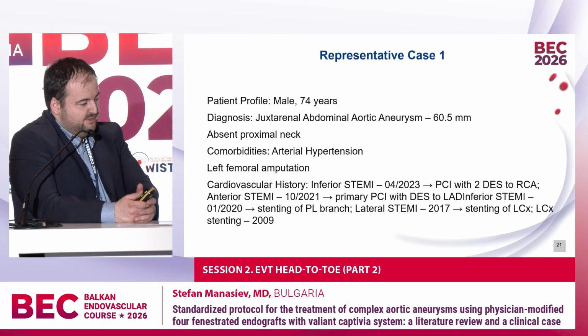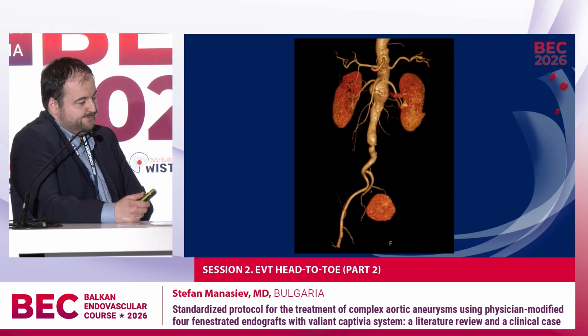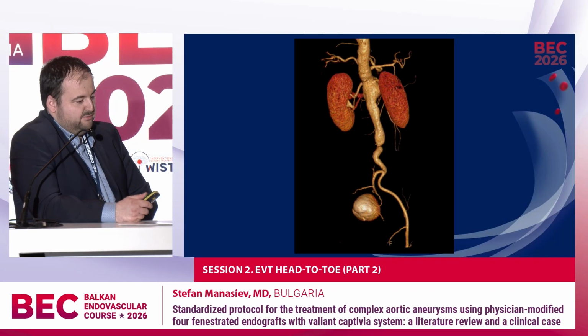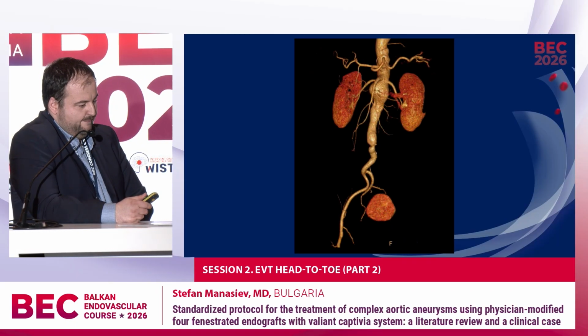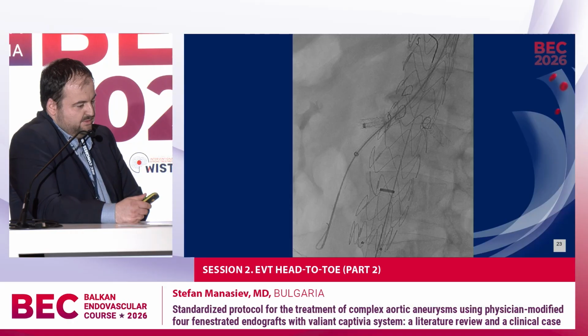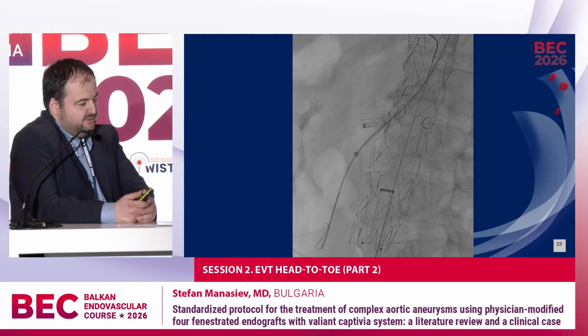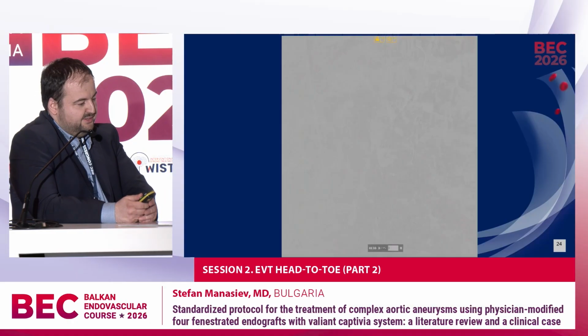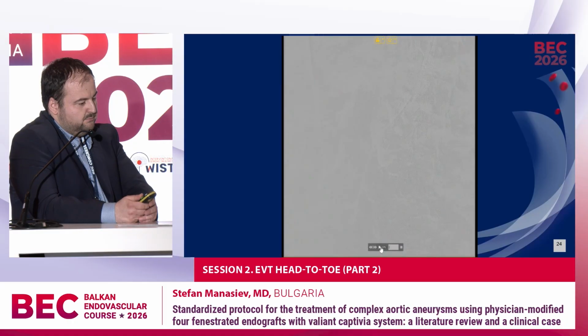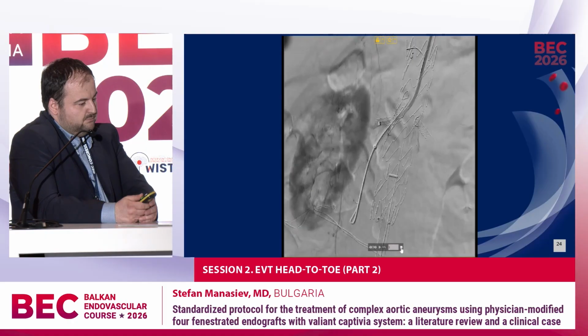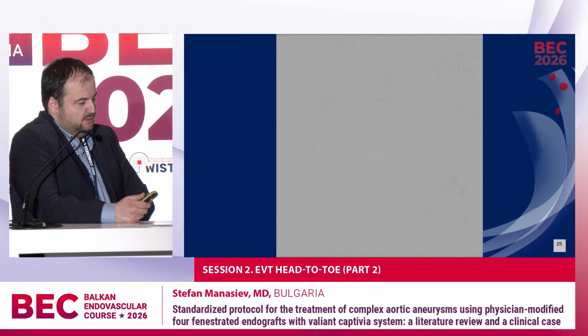This is our case number 1, a male patient with juxtarenal abdominal aortic aneurysm with left femoral amputation. This is the aneurysm. This is the cannulation of the right renal artery, left renal, and the superior mesenteric artery. This is the right kidney.